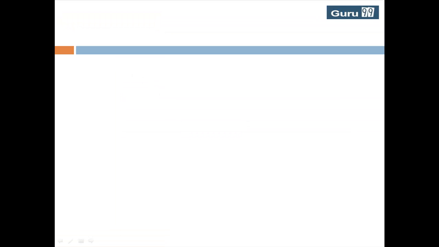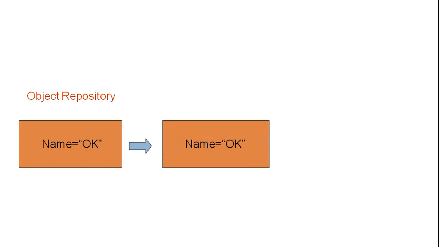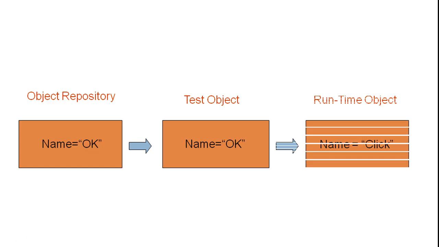Let's look into GetROProperty. Consider a web button with name equals to OK stored in the object repository. When the test is run, QTP creates a copy of this object called the test object and compares it with the runtime object.